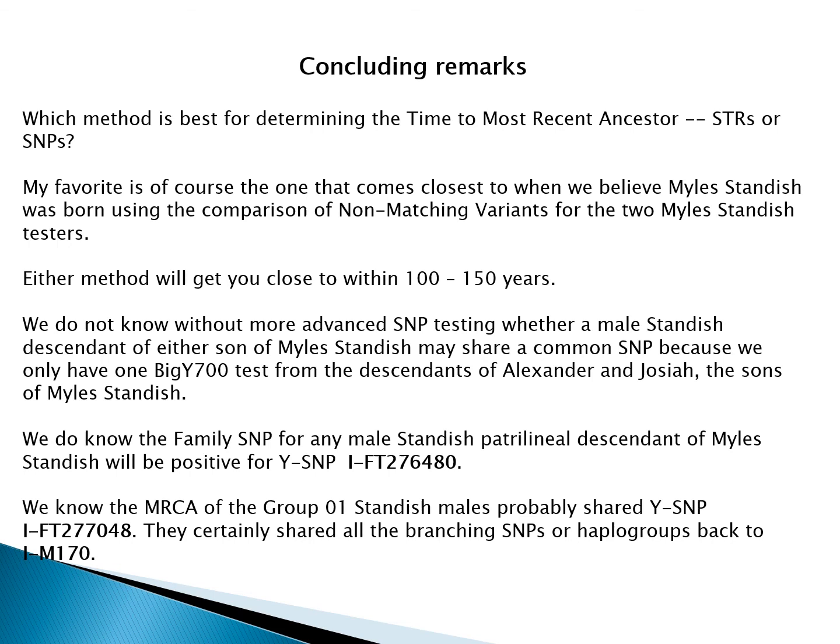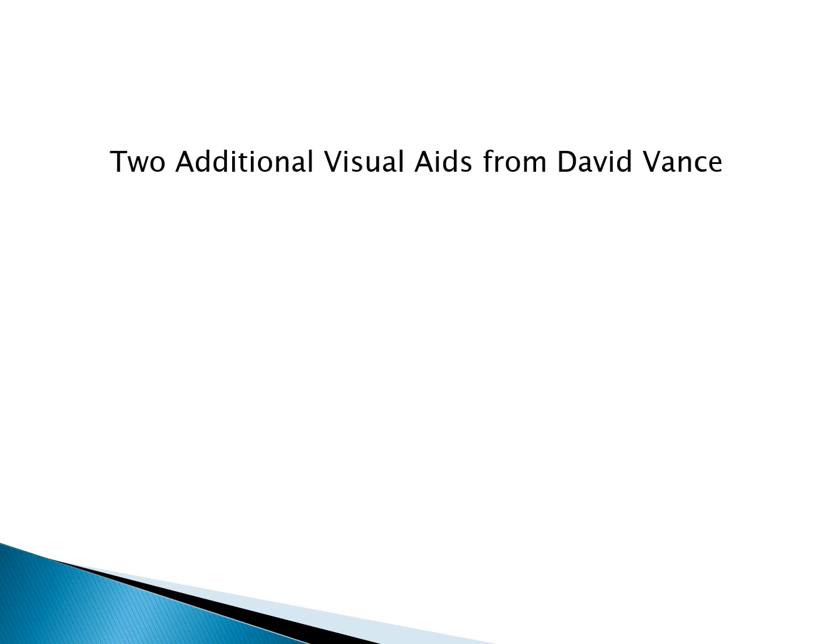We do know the family SNP for any male Standish patrilineal descendant of Miles Standish will be positive for Y-SNP FT276480. We know the MRCA of the Group 1 Standish males probably shared a Y-SNP FT277048. They certainly shared all the branching SNPs or haplogroups back to I.